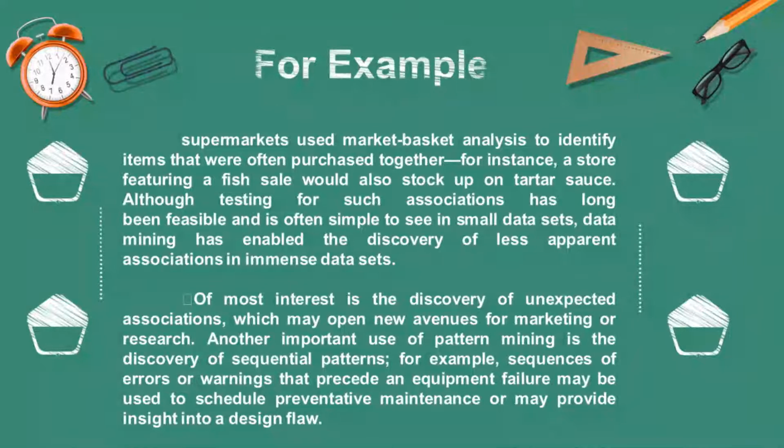So, for example, the strategy they use in supermarkets. Supermarkets use market basket analysis to identify items that were often purchased together. For instance, a store featuring a fish sale would also stock up on tartar sauce.